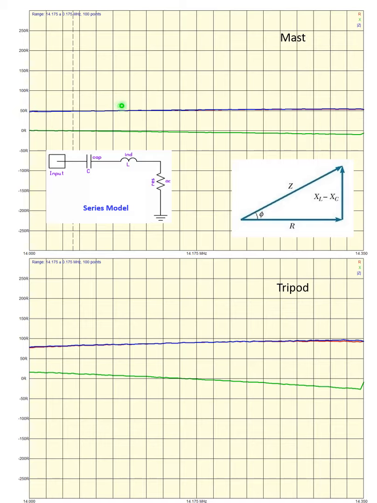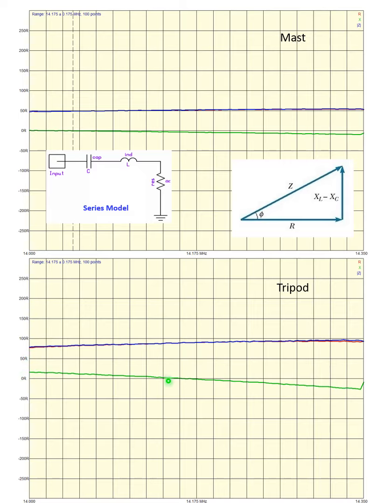So this is the reason the standing wave ratio was so low, meaning we were getting very little, if much at all, reflected power back from the antenna. And you can see when we're on the tripod, the impedance, the blue line, is higher, and we have this reactance.